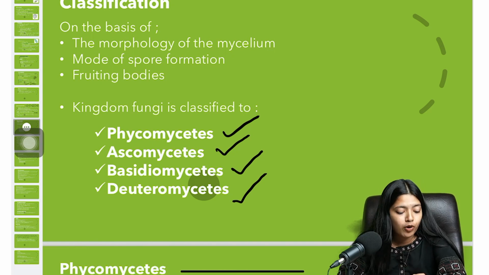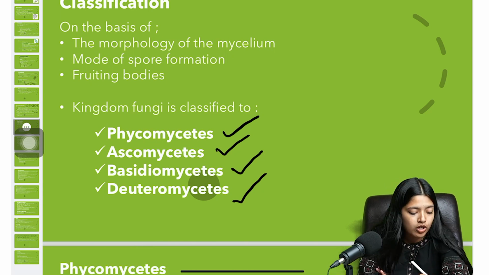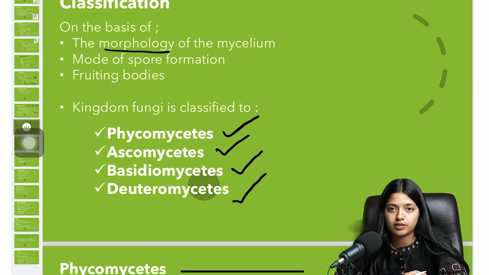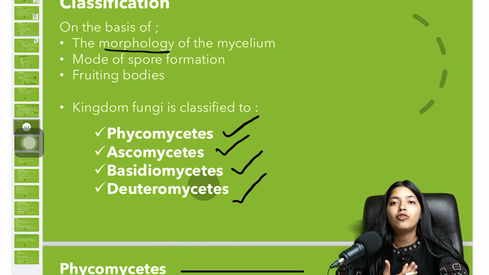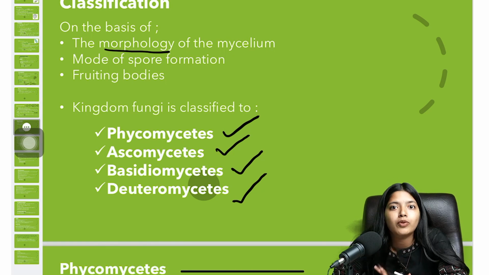The classification is on the basis of the morphology of the mycelium, that means its external structure, how the mycelium is made and how it looks. It is also based on the mode of spore formation, how the spores are formed, and on the fruiting bodies. There are many different types of fruiting bodies.